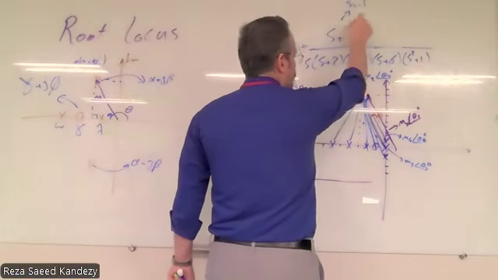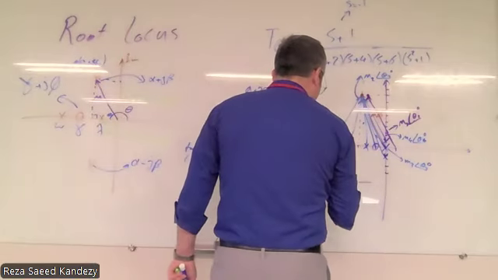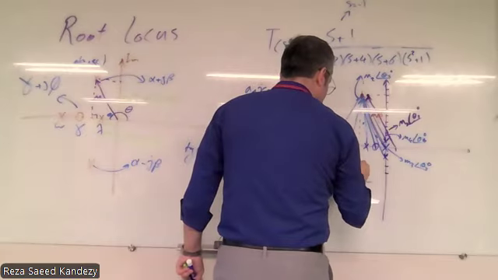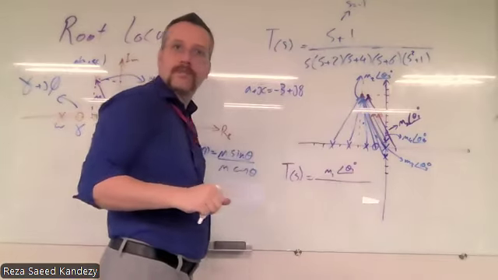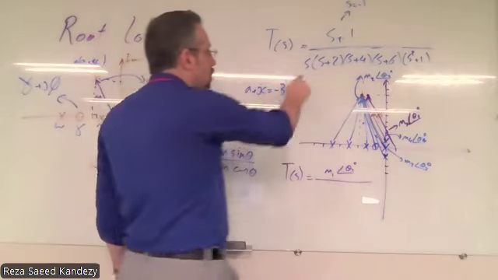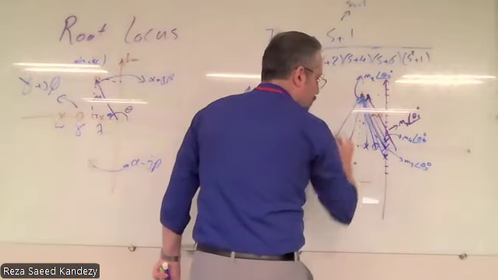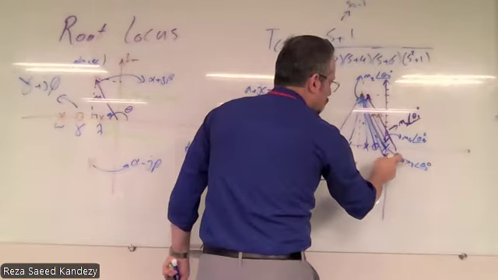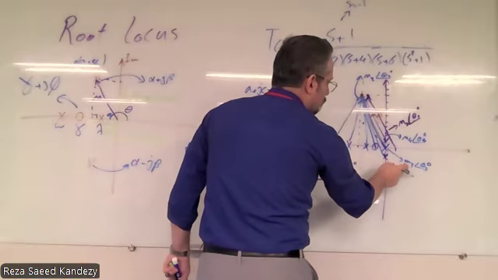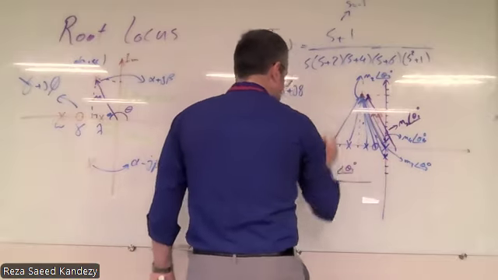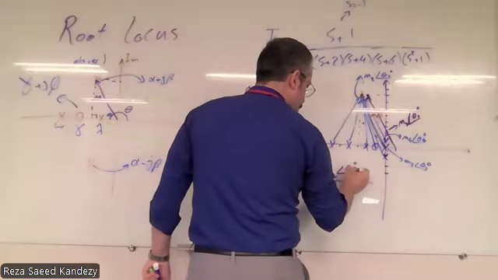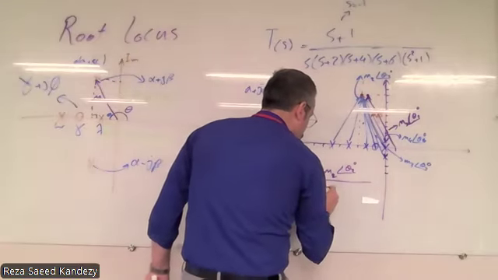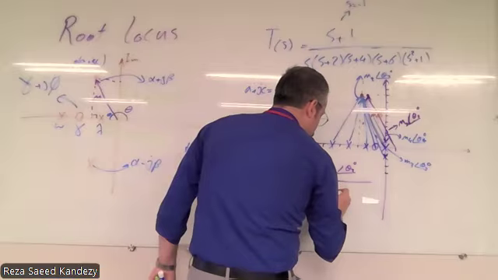So this one is going to be M1 theta 1. Okay? This term be represented by, what is that? This is M3, right? Oh, this is M2. Sorry. M3 theta 3.